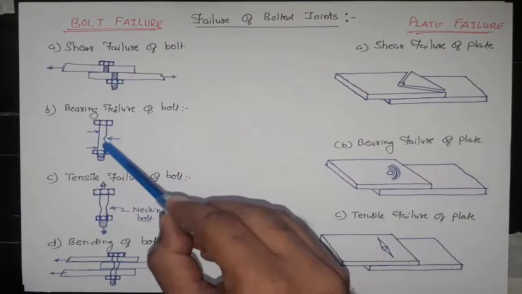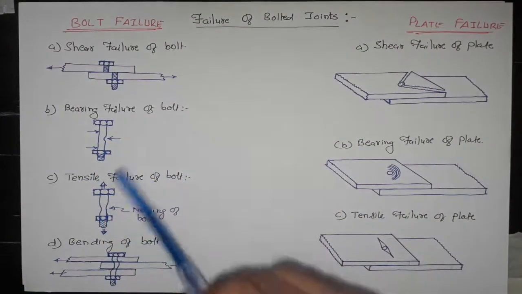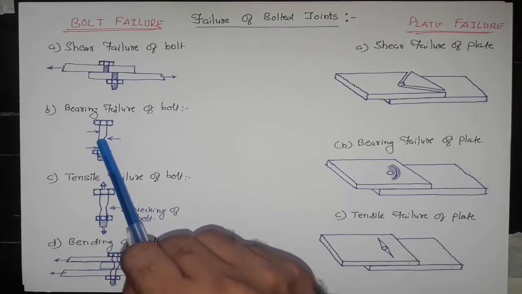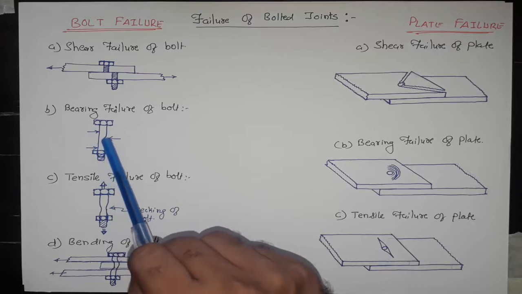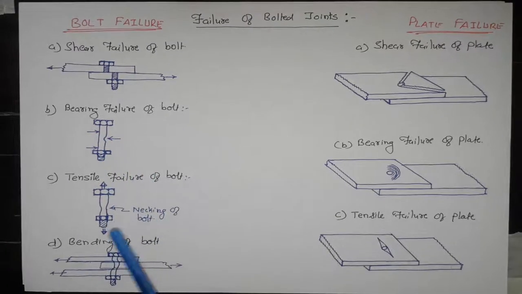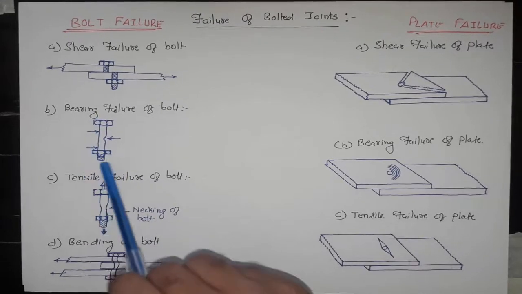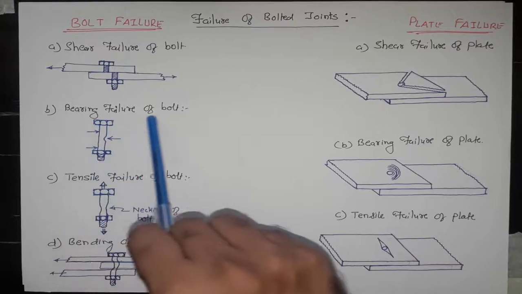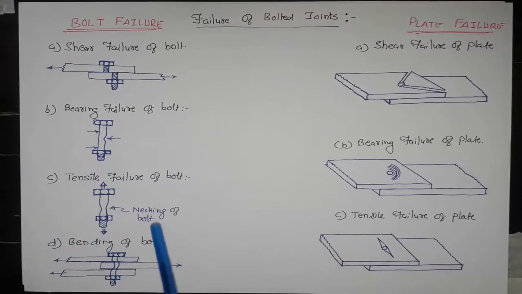This is known as bearing failure of the bolt. Here the bolt material is weaker, or of lower strength than the plate material strength. Then such type of failure occurs in the bolt.